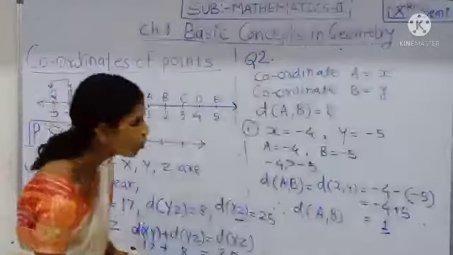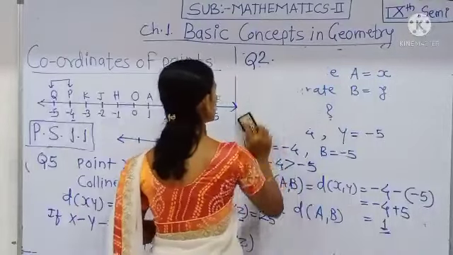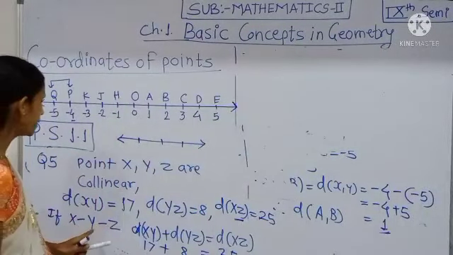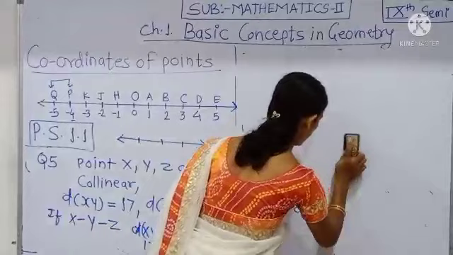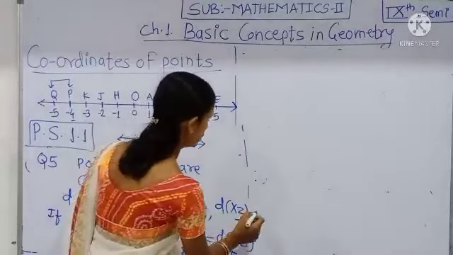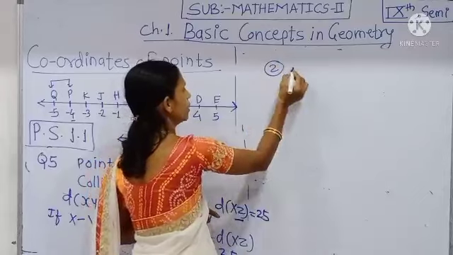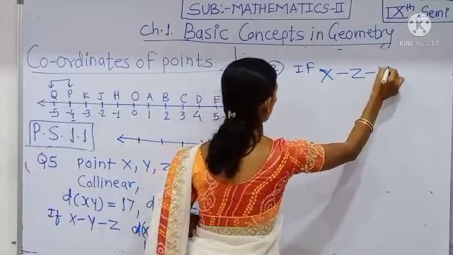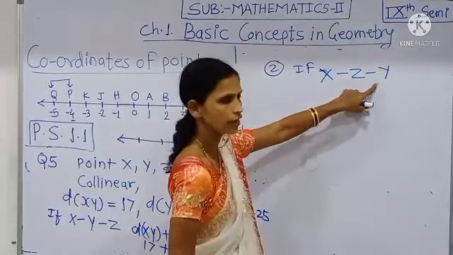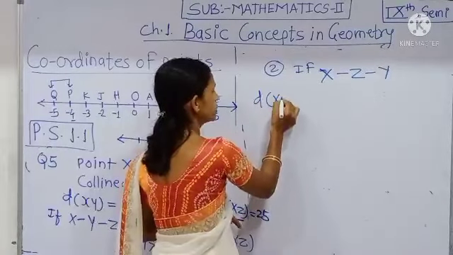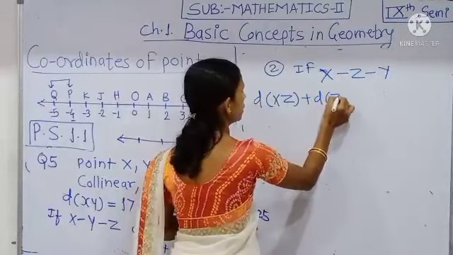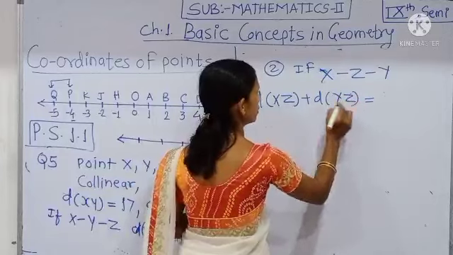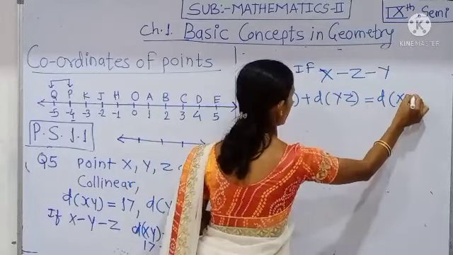But there are 2 more possibilities. Second possibility, if here X-Z-Y, that means point Z lies between X and Y, then dxz plus dzy, or yz, is equal to dxy.